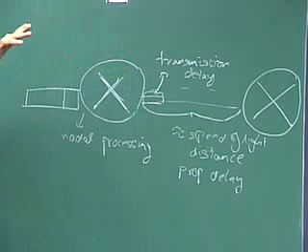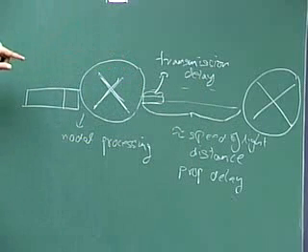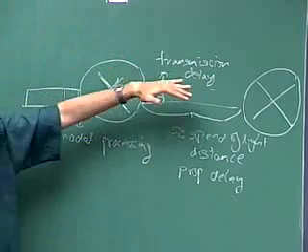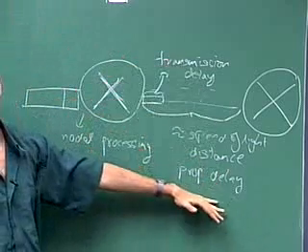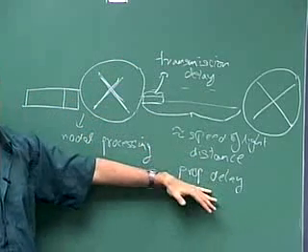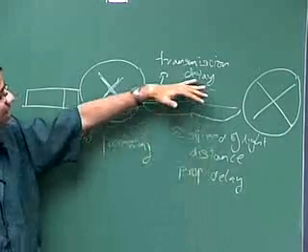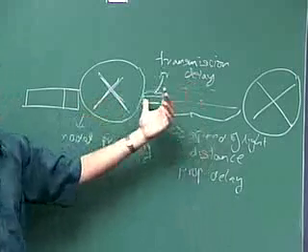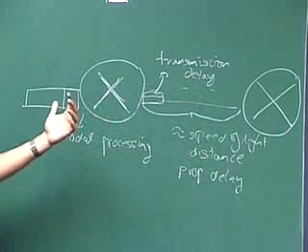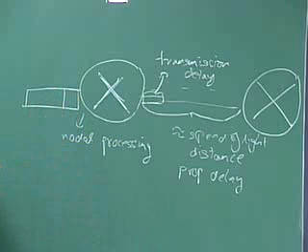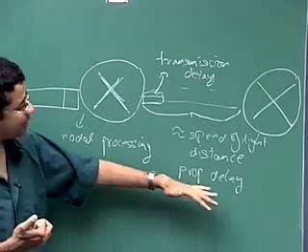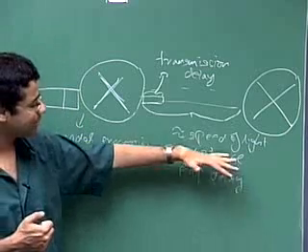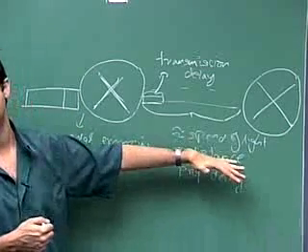So I'll reiterate what I had said last lecture, that transmission delay and propagation delay are very different quantities. Transmission delay depends on the bandwidth of the link. So how fat your pipe is, or how much data it can transmit, whereas propagation delay is simply dependent upon the speed of light and the distance involved.